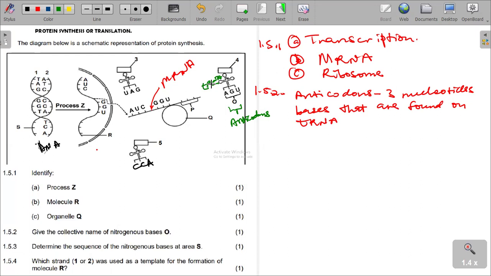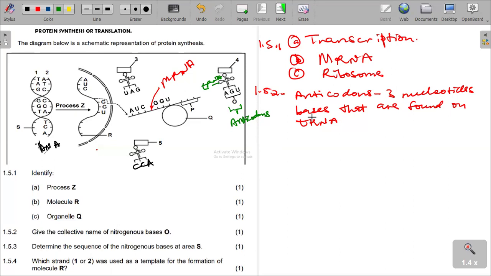tRNA always has anticodons. So the anticodons are the corresponding complementary bases that are found on the tRNA, which would have to bring the corresponding amino acids to what? To the ribosome there, in order to make sure that there is the protein synthesis that we are talking about. So 1.5.2, it is the anticodons.